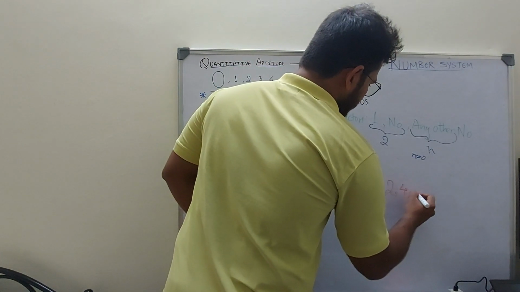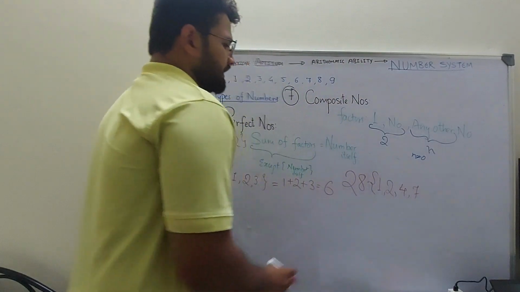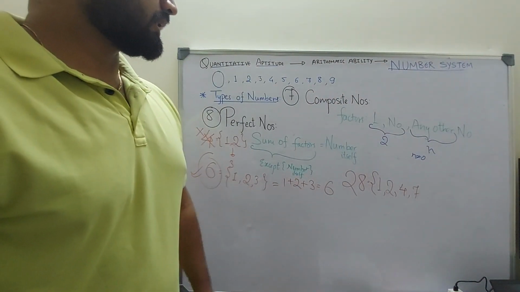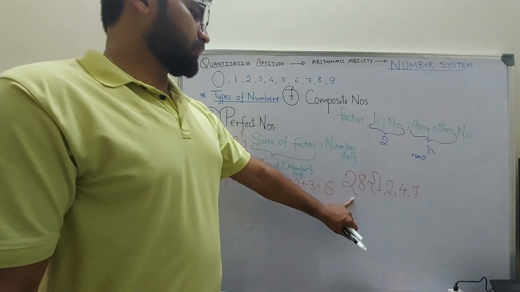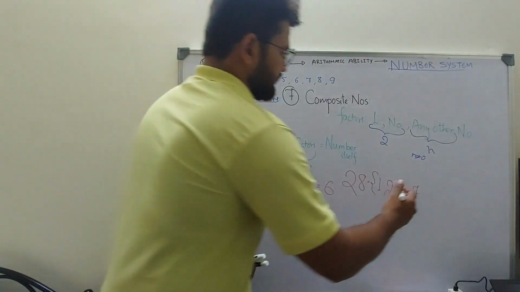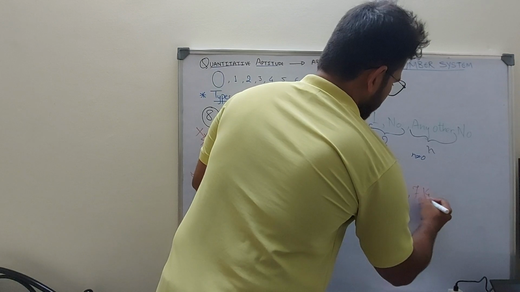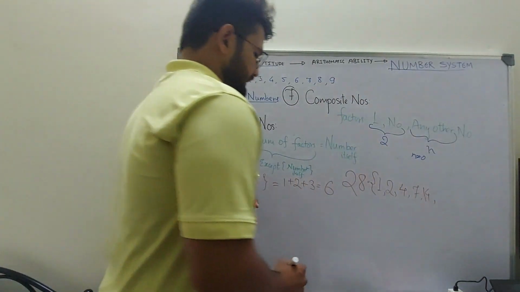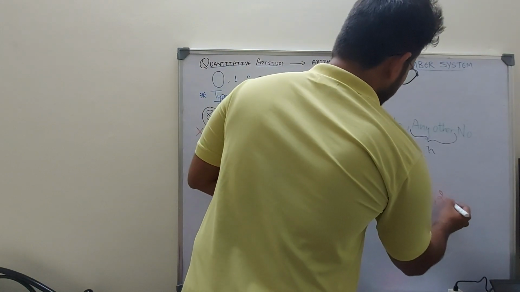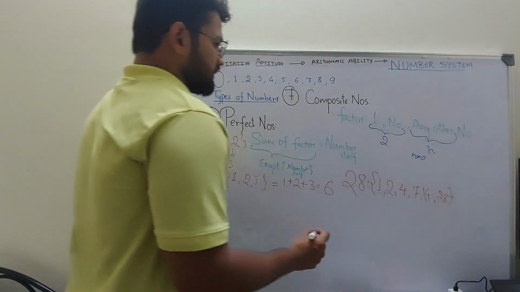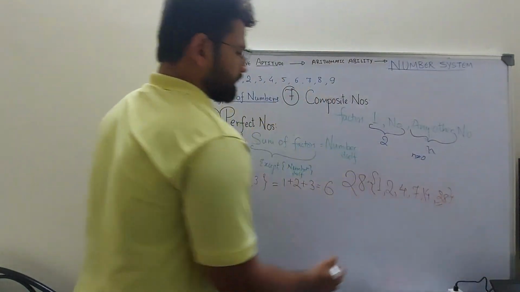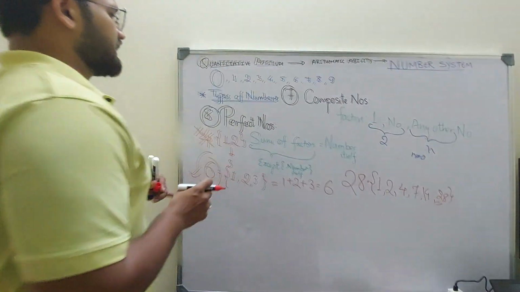So 4 is also there, 7 is also there. 14 is there. 15, 16, 17, no. I guess that's it. And 28, right? So now, while summing, we should not consider 28. That is the definition of perfect numbers.